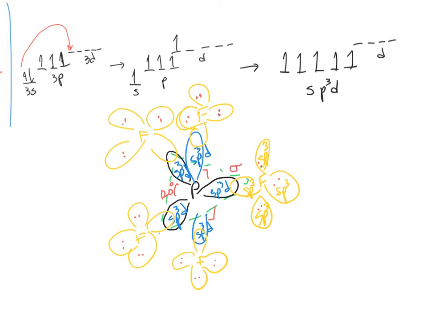You're going to label sigma, sigma, sigma, sigma, and sigma. There's 5 sigma bonds. This gets very complicated, but you can do it. Students say sometimes it looks like a big flower. Okay, so that's PF5.